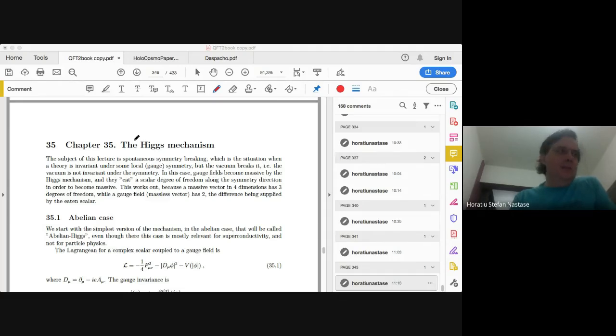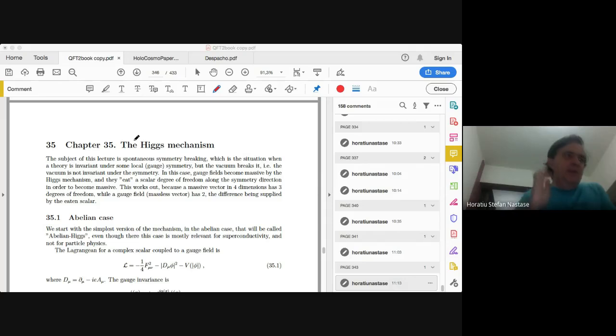That is, the vacuum is not invariant under the symmetry, and the symmetry actually takes one vacuum to another. In this case, the gauge field for the symmetry that is broken becomes massive by the Higgs mechanism.